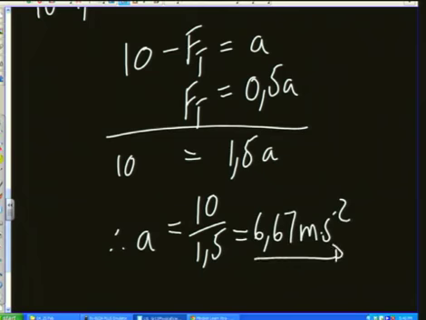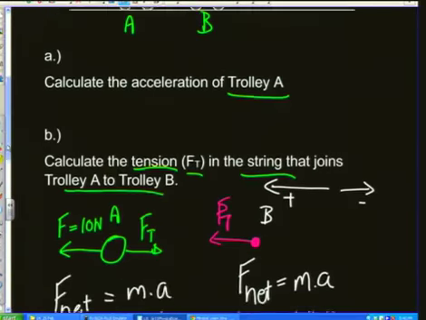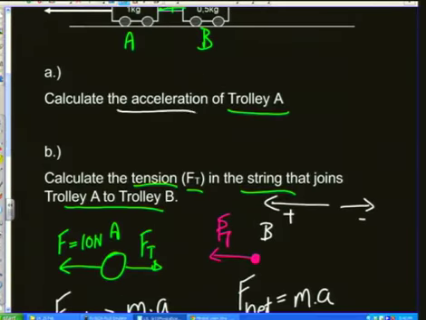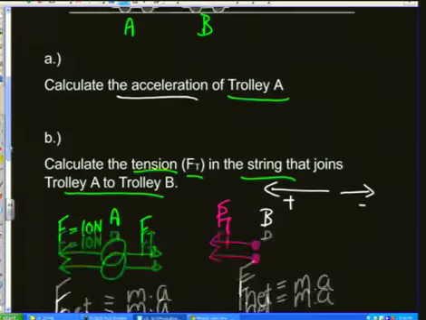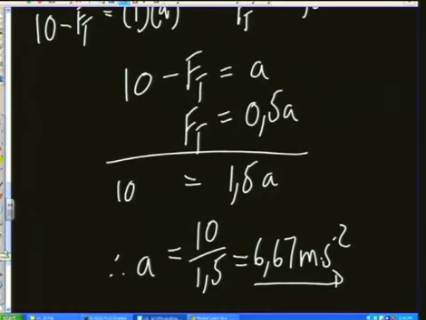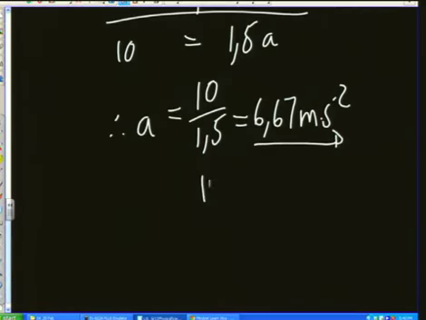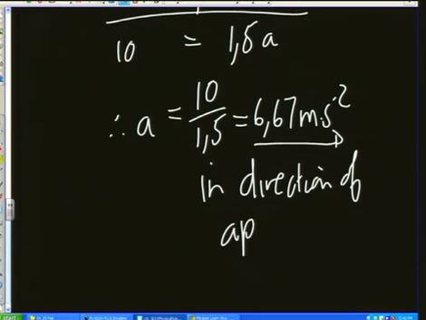And notice that the question didn't say magnitude, it said calculate the acceleration, so I must say in the direction of the applied force, because that's where it was, in the positive direction, in the direction of the applied force.